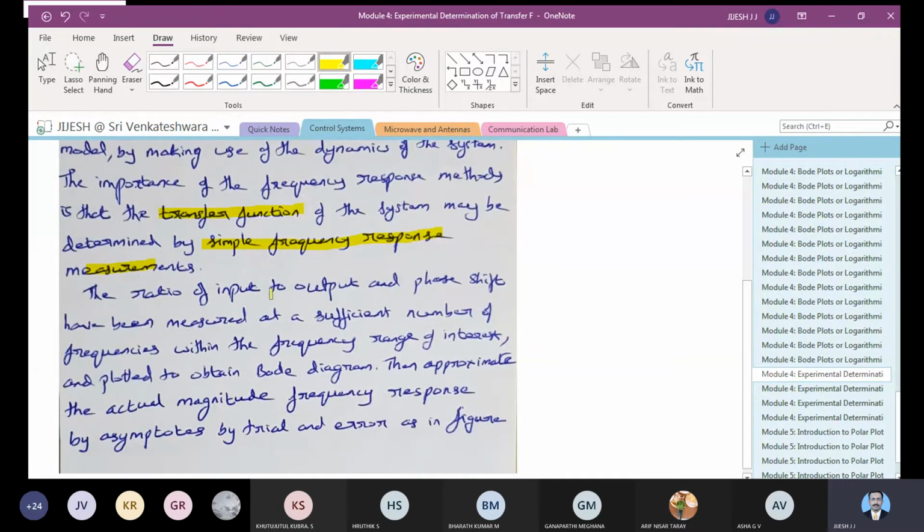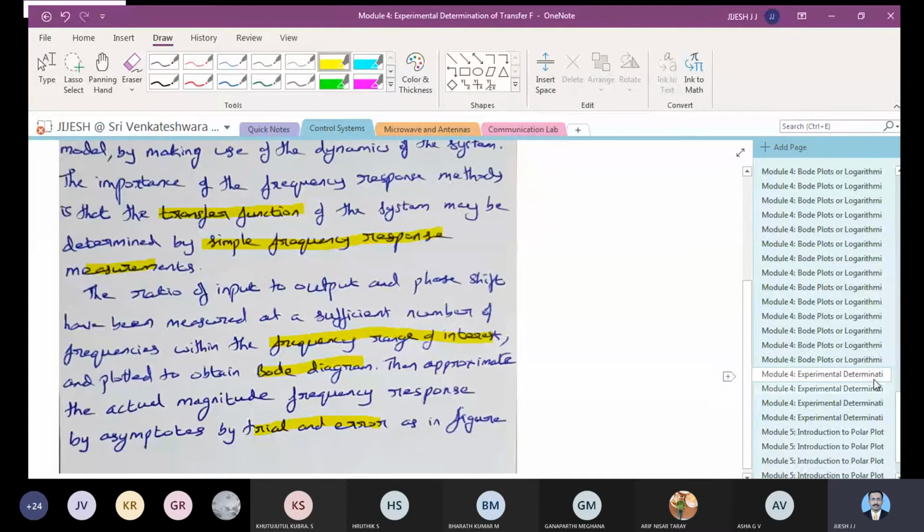The ratio of input and output and the phase shift have been measured within the frequency range. This is a theoretical topic where you will be discussing the Bode diagram, how to approximate the actual magnitude and phase response with the help of the Bode diagram, and how to find it out by the trial and error method. All those things we will be seeing here.